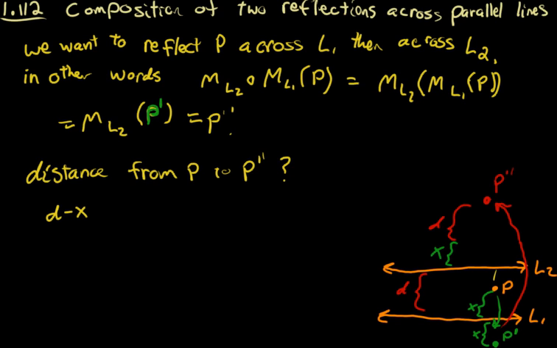Let me do that in blue. We'll have d minus x is that distance. Then we'll say plus x plus d for those distances right there, which turns out to equal 2d.